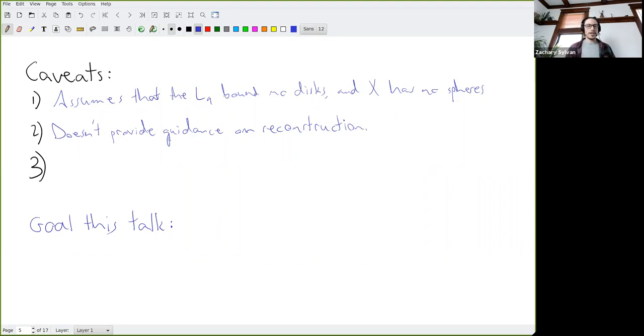And there's a third caveat, which is kind of the big one from the perspective of this talk, which is that it's unclear how to deal with singular fibrations.